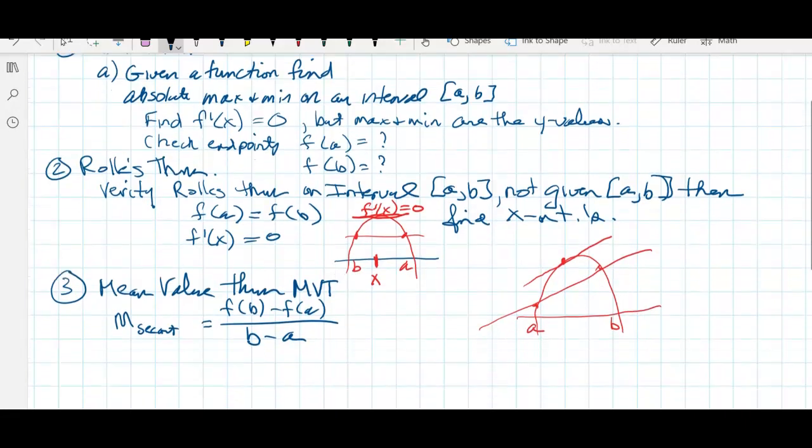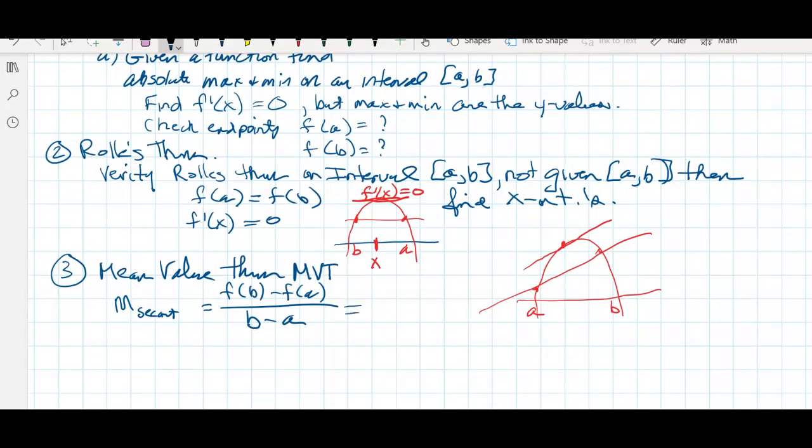Once you get that value, we'll call that the slope of that secant line. Now what do you do with your derivative?